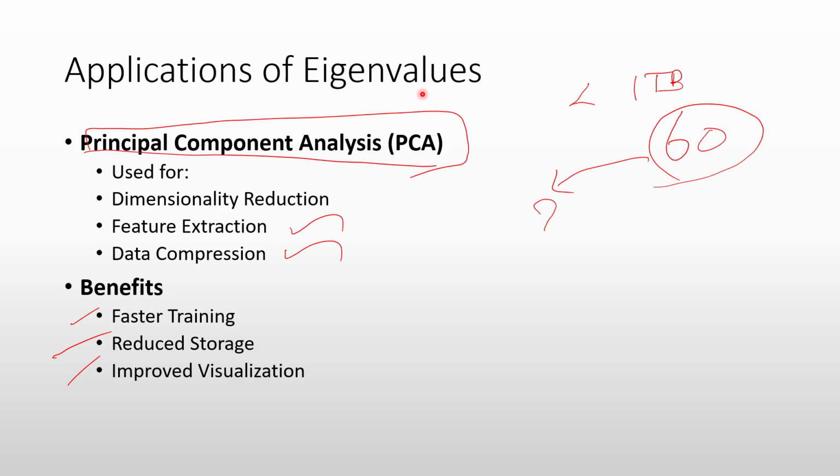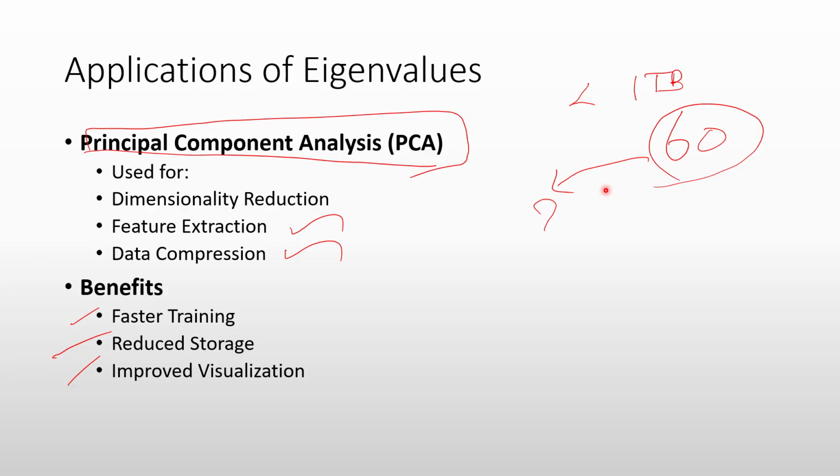What are the applications of eigenvalues? You can use them in principal component analysis. For example, you have 1 terabyte of data with some 5000 features, and from those you need only 60 important features for your work. How can you extract them?